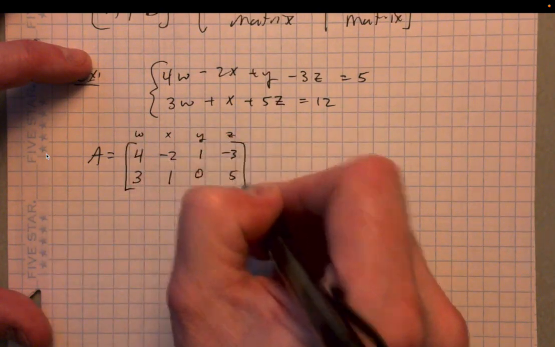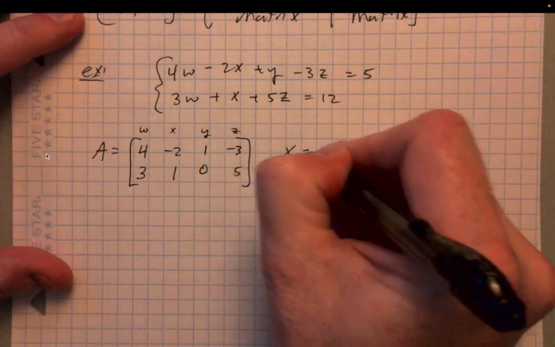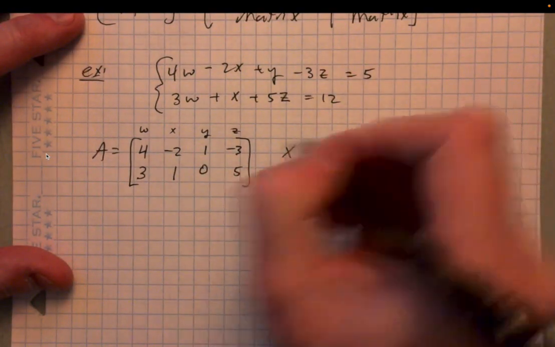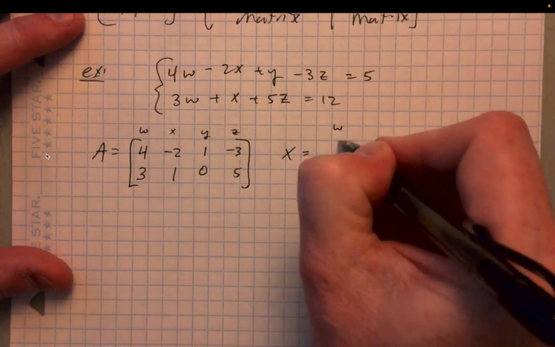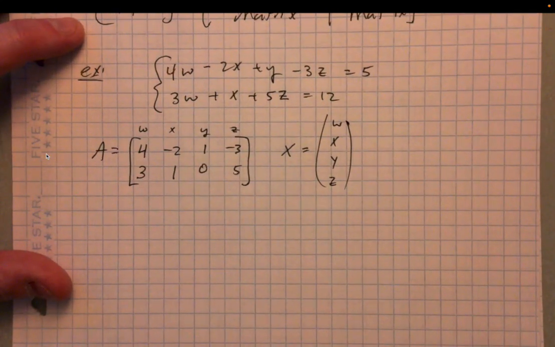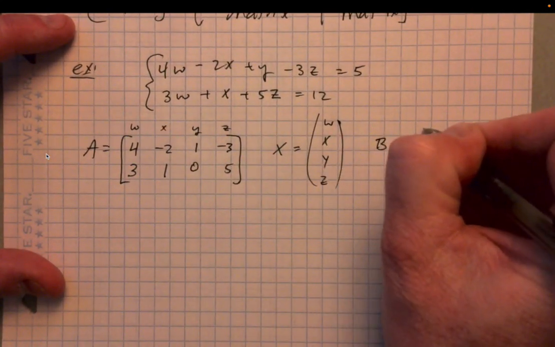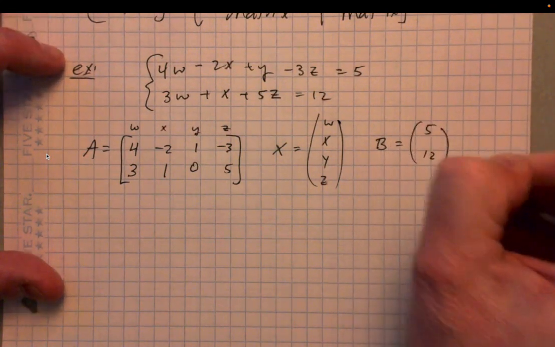So here is my coefficient matrix. X is going to be w, x, y, z, so you just want to make sure you use that same order. And then, of course, B is going to be 5 and 12.